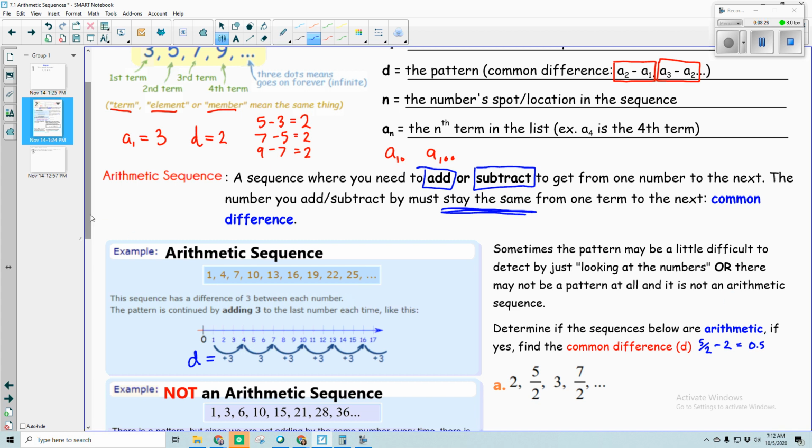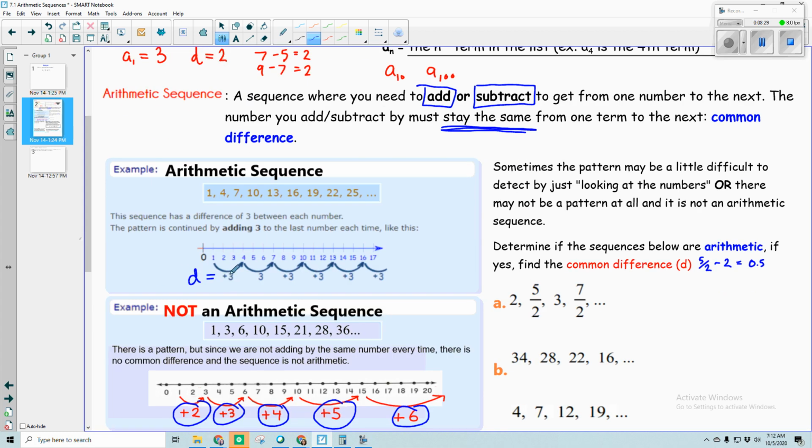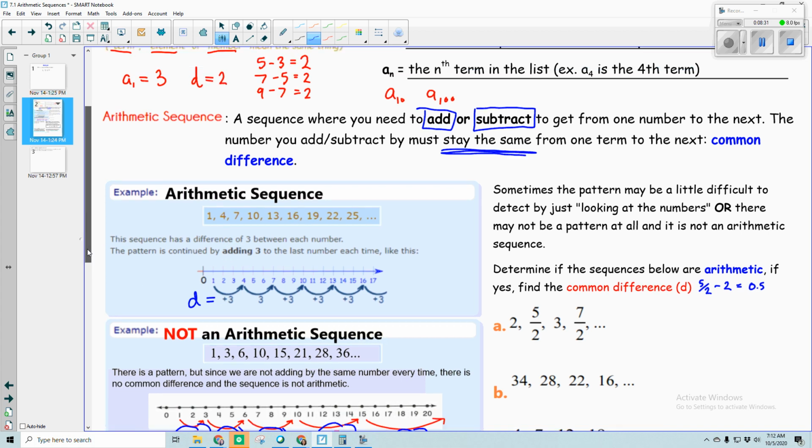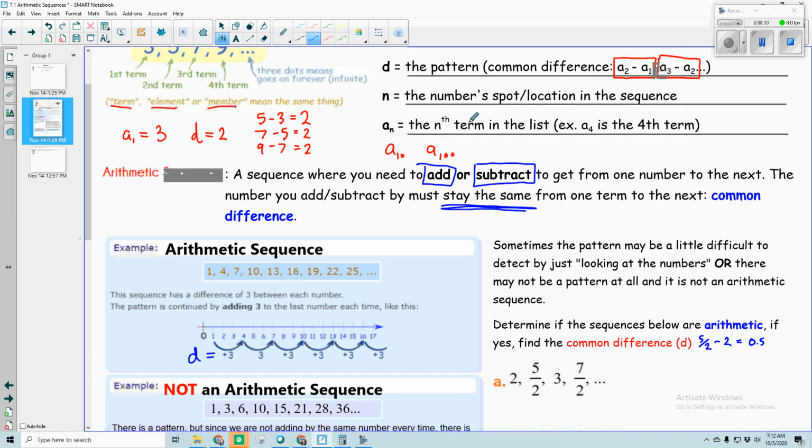Okay, so that's what we have so far for D. So now we just have to make sure that D is staying the same. So we at least have to do this 2 more times, is what I recommend, to make sure that we are continuing to get the 0.5. Okay, so now let's do A3, the third term, which is 3, minus the second term, which is 5 halves. So what do I get then? So 3 minus 5 halves is 0.5.